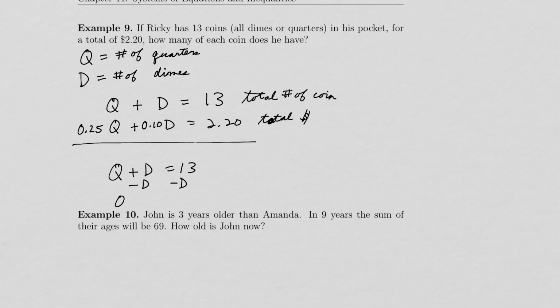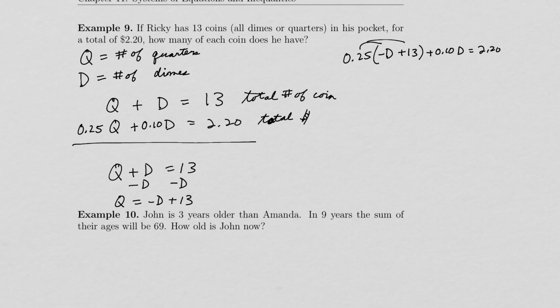So I have q is equal to minus d plus 13. Then I'm going to go to the second equation, and where I have a q, I'm going to substitute in negative d plus 13. Okay, so I have 0.25 times negative d plus 13 plus 0.10 d is equal to 2.20.